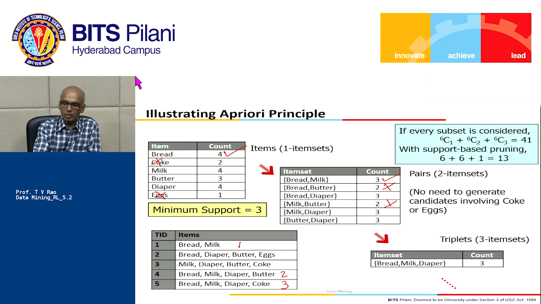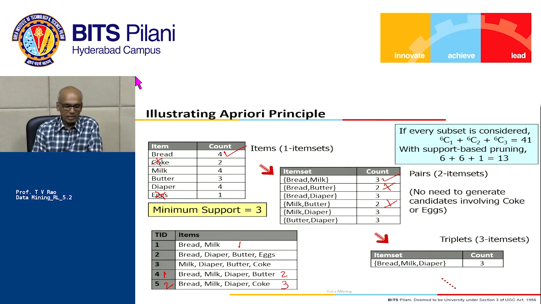We do a self join, and we are going to get numerous 3 candidate item sets, and among them we will find that only bread, milk, diaper is a candidate. Bread, milk, diaper exists only in 1 and 2.